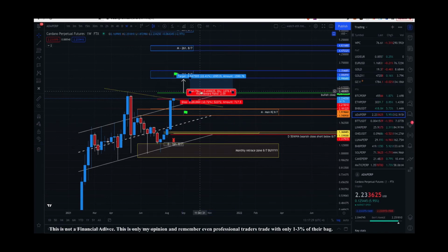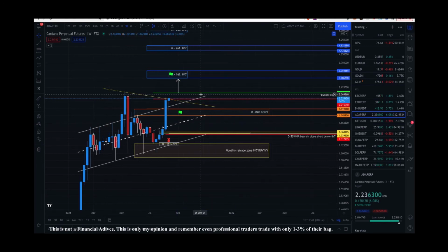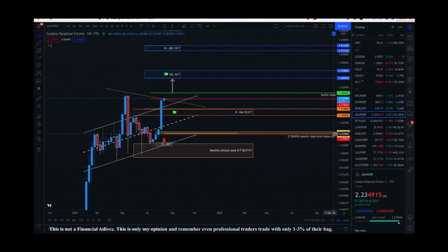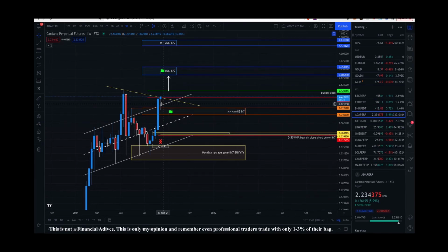So that would be a great move to enter. Now, we first need to either close above the trend line or get above the green line, which is the 618 level of this move here. I hope I'm making some sense.